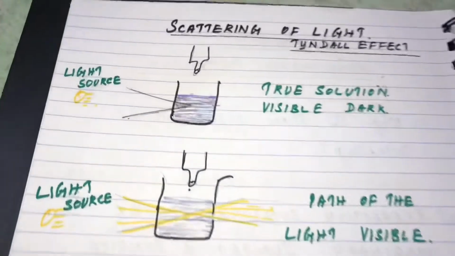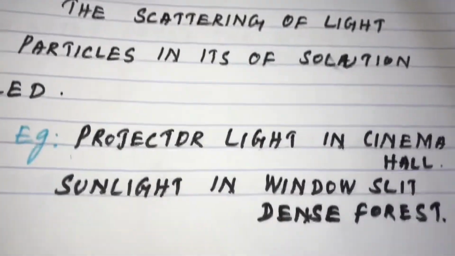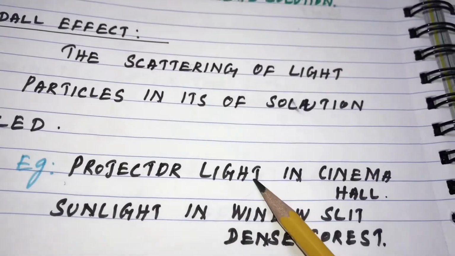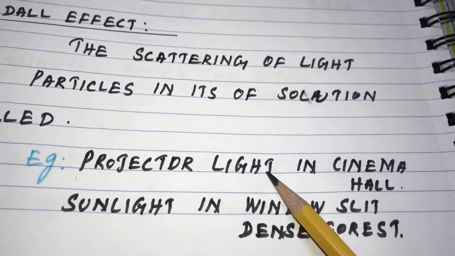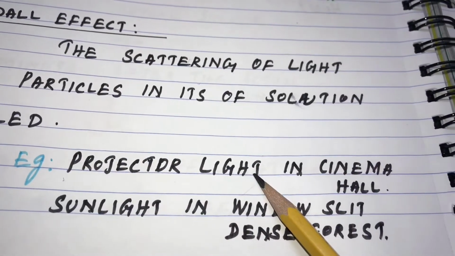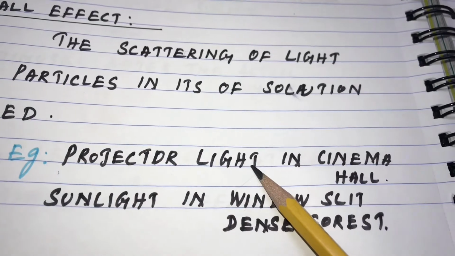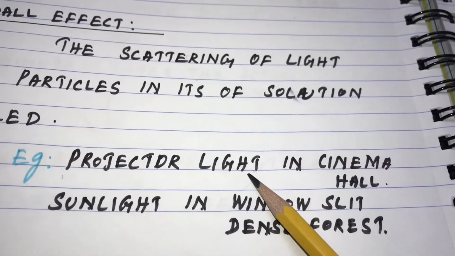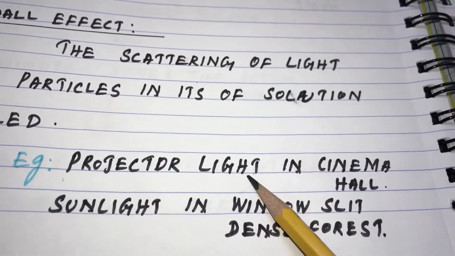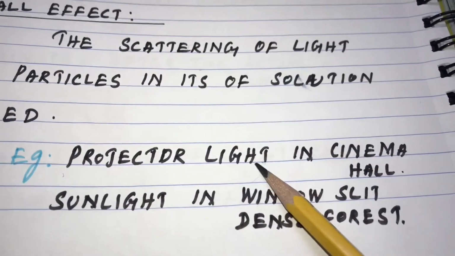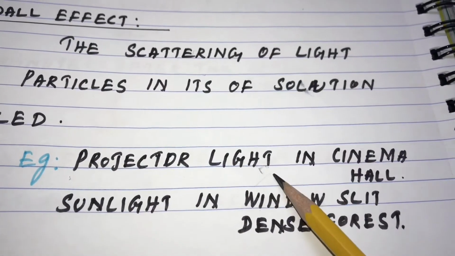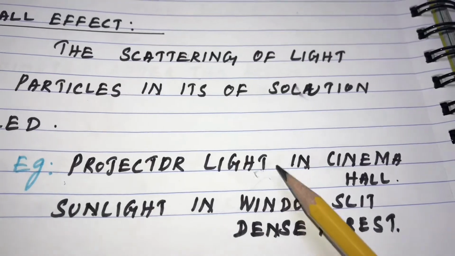An example of the Tyndall effect is the projector in a cinema theatre or cinema hall. The light comes from the projector and falls on the screen. On the path of the light we can see the movement of particles. Why is the path of the light visible to us?